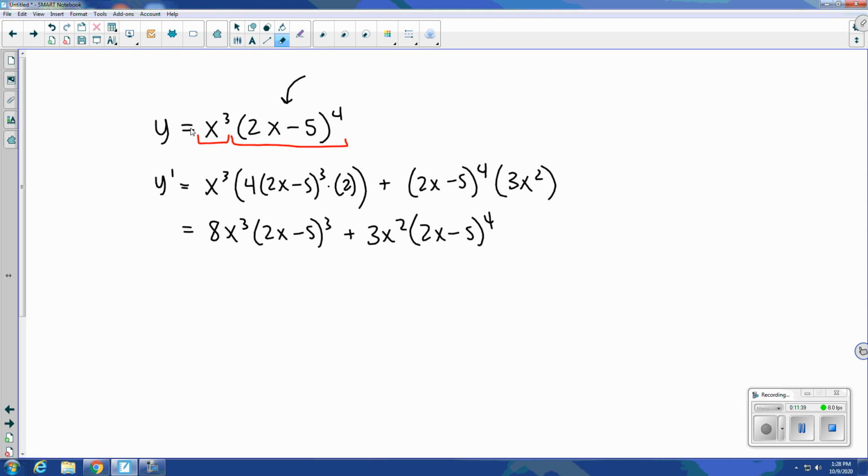And we will leave it like that. The big thing from this problem I want you to take note of is recognizing there's a product initially, so it calls for product rule. And within the product rule, when we had to take a derivative of one of our pieces, that required a chain rule to calculate. So there's an example of a chain rule within another rule.